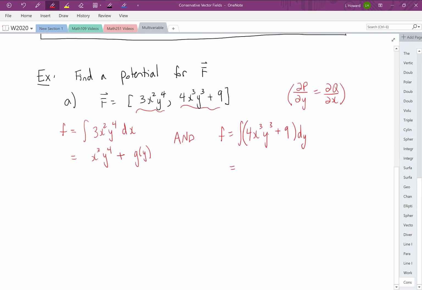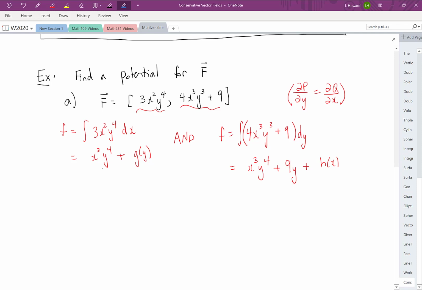So integrating with respect to y, we'd have x cubed y to the fourth plus 9y. And in general, we could have some x terms here that would have disappeared when we took the partial derivative with respect to y. So you could say something like h of x, that would be the formal way of saying it.